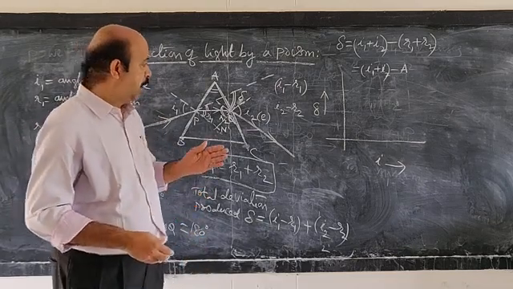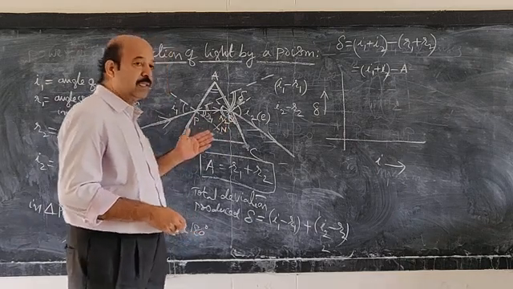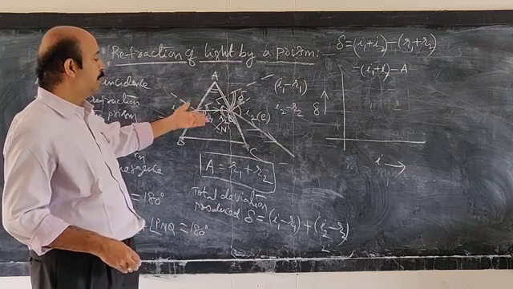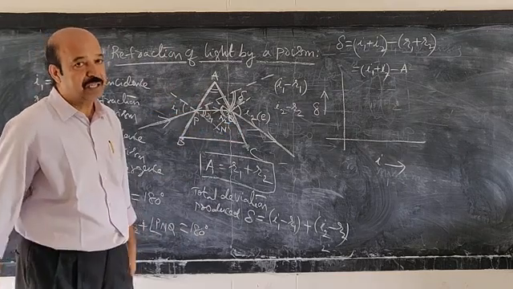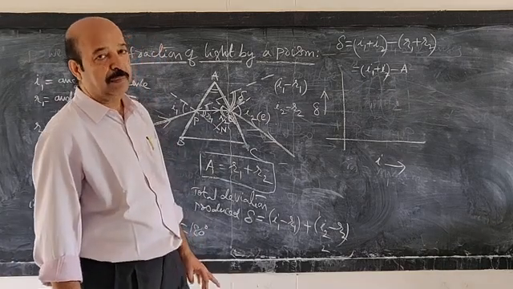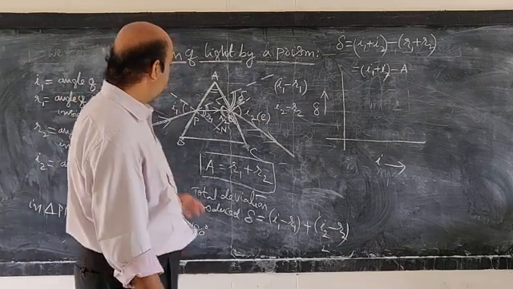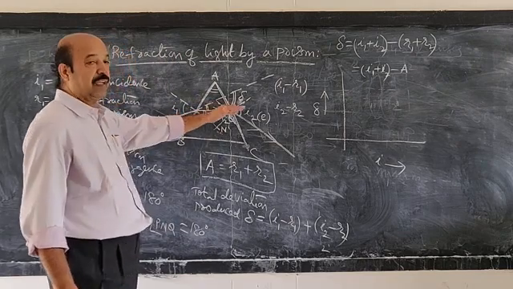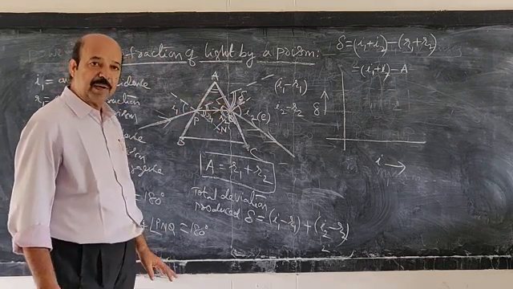By arranging the pins at different angles of incidence for the prism, the corresponding deviation angles can be measured. Of course, you are going to do the experiment also in practicals.